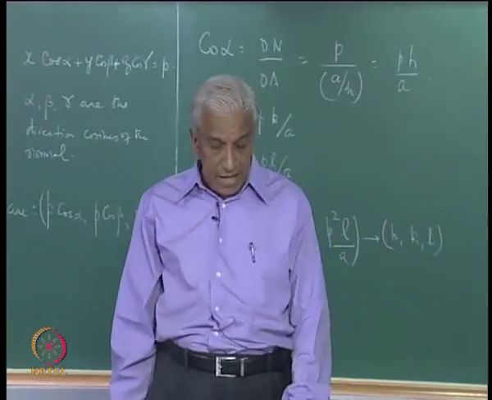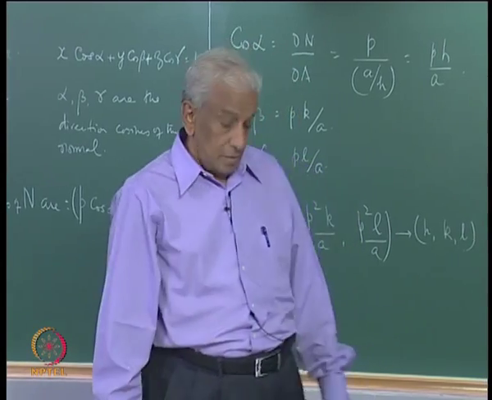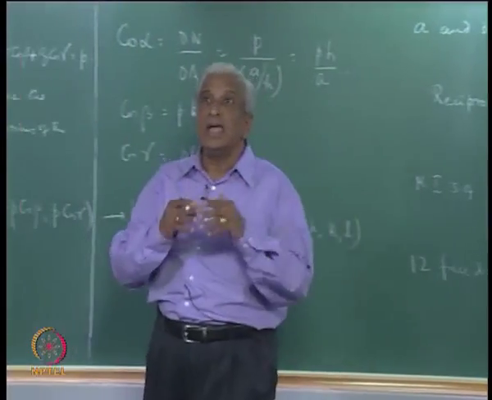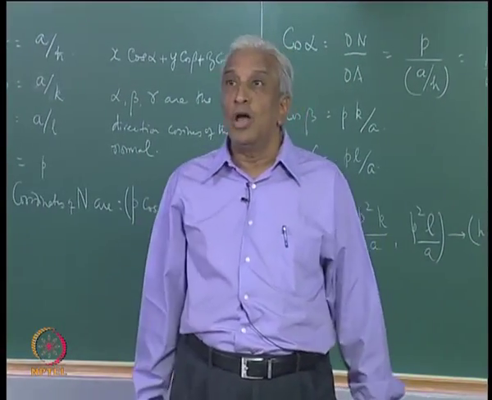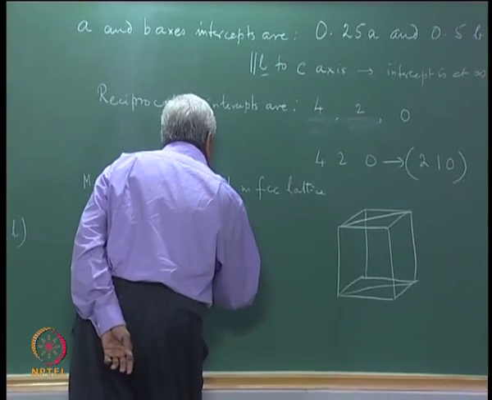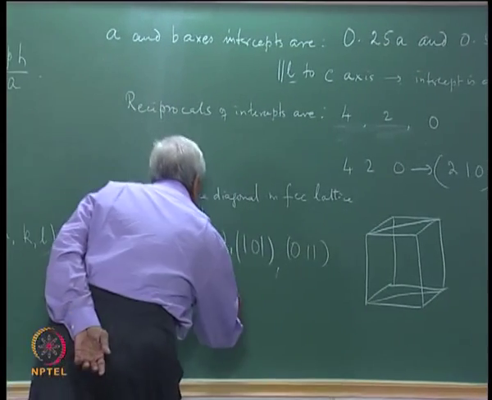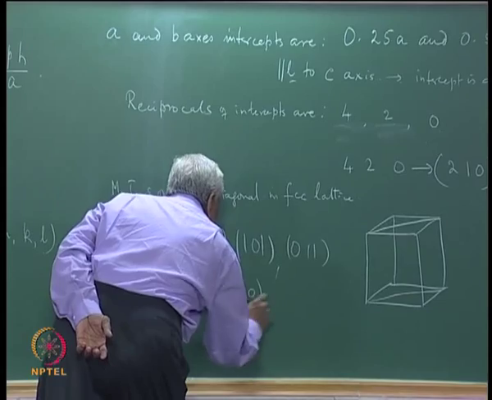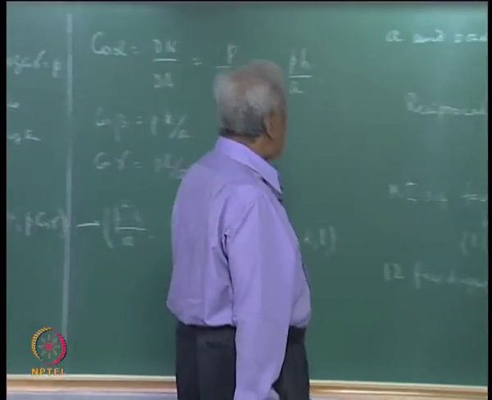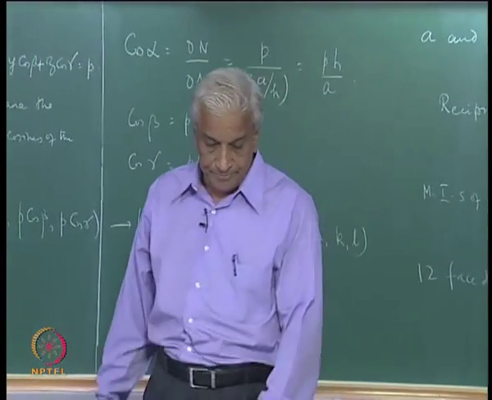And the different planes which contain these face diagonals are the entire family of planes 1 1 0, 1 0 1, 0 1 1, also 1 bar 1 0 and so on. There are 12 of them, all belonging to the same family of planes.